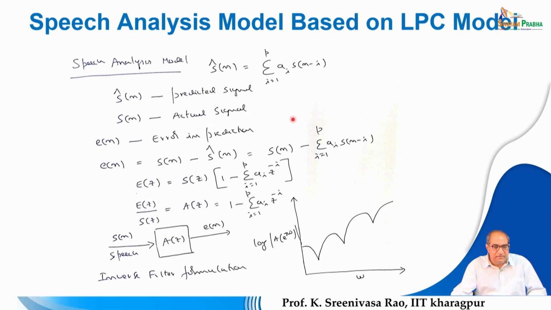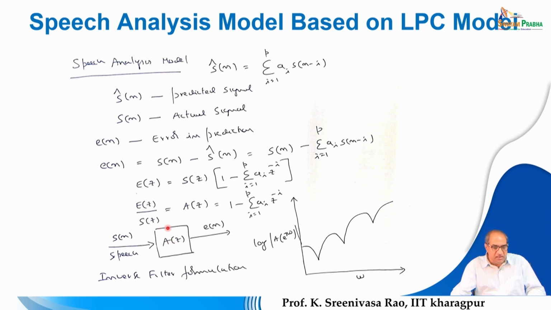In the same way we can also perform the analysis model, in which we try to minimize the error. In this analysis model, the speech is given as input to a system whose transfer function is the reciprocal of the synthesis model.